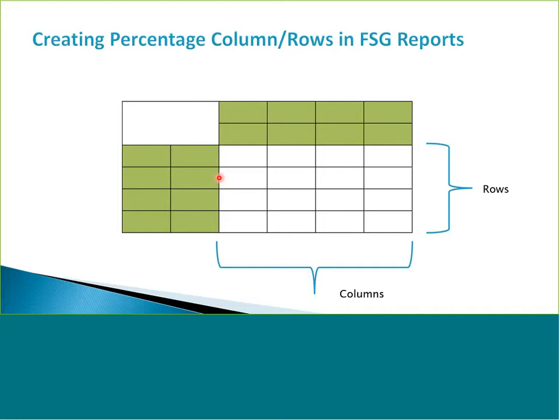So we already know what columns and rows are. Our rows are defined by our row set, this green part, and our columns are defined by the column set, for which we define this top part.